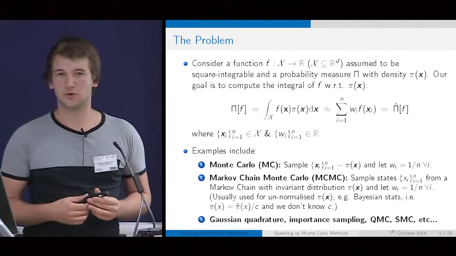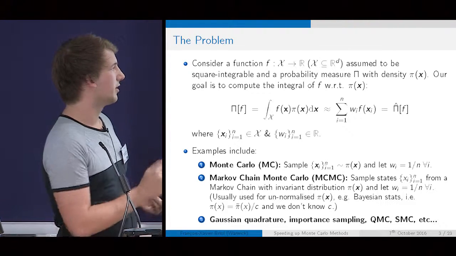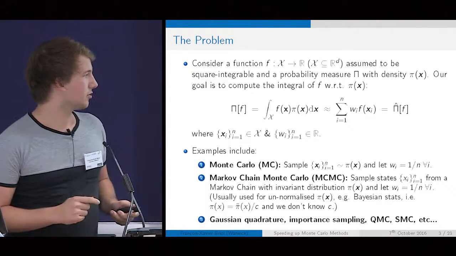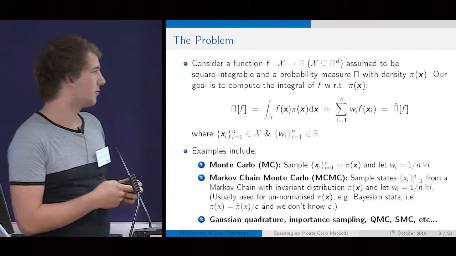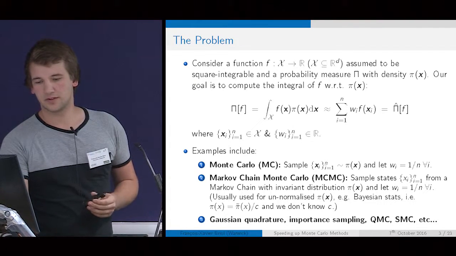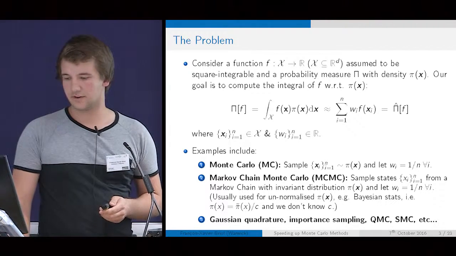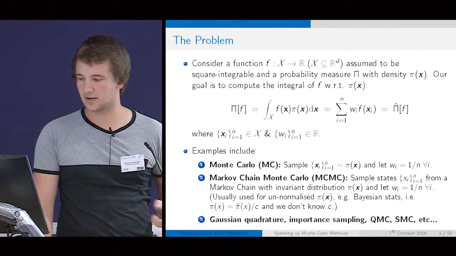In this case, what you might want to do is use a Markov chain with invariant distribution pi. So you run this chain and then evaluate your function on the history of the Markov chain. Then there are also many other ways that people do these kinds of things in statistics: Gaussian quadrature, importance sampling, QMC, SMC, and so on.